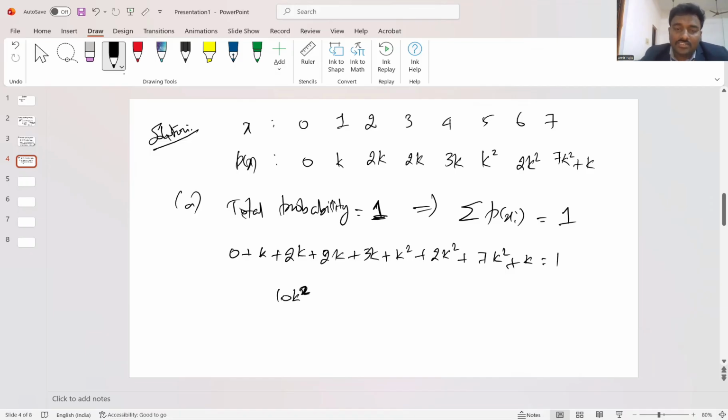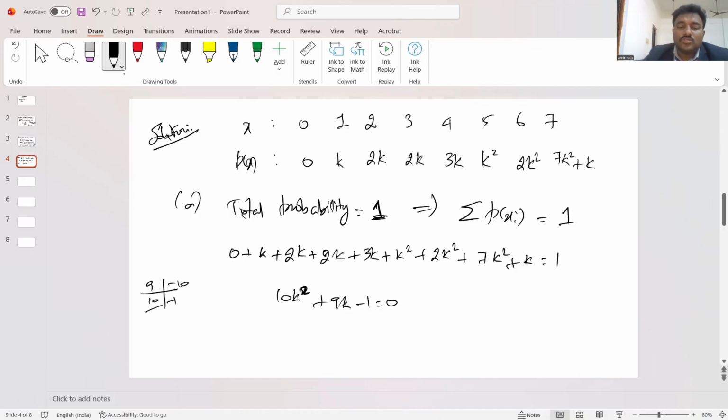And how many Ks are there? 1, 2, 2, 3. So it is 8. Then one more, it is 9K, equal to 1. So we can bring that 1 to the other side. So it is equal to 0. Okay, so it is a quadratic equation. And if you solve it, it will become minus 10. And then 10 into 1. So 10 minus 1.